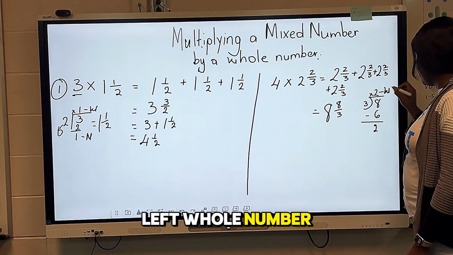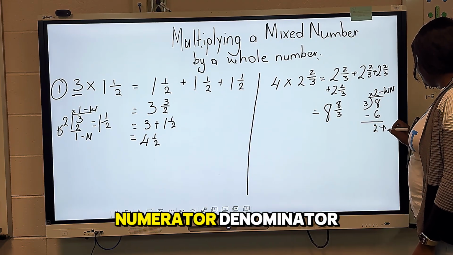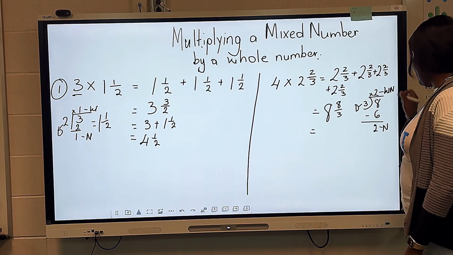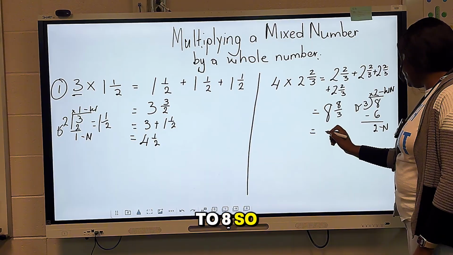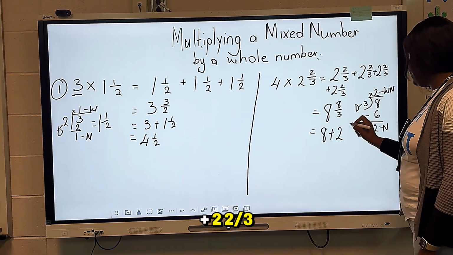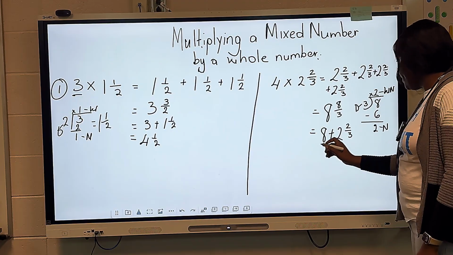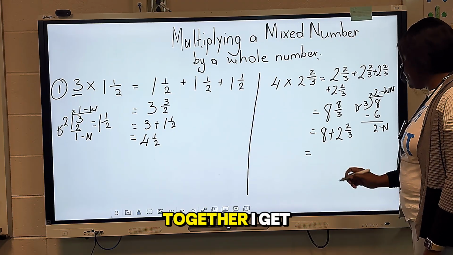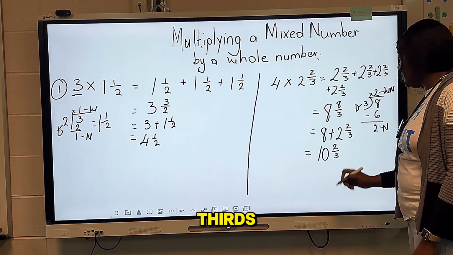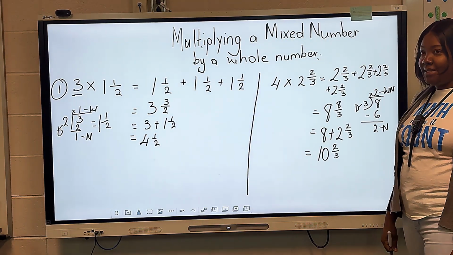Whole number, numerator, denominator. Now, whatever my mixed number is, I add it to 8. So this becomes 8 plus 2 2/3. I add them together, I get 10 2/3. Are you following, boys and girls?